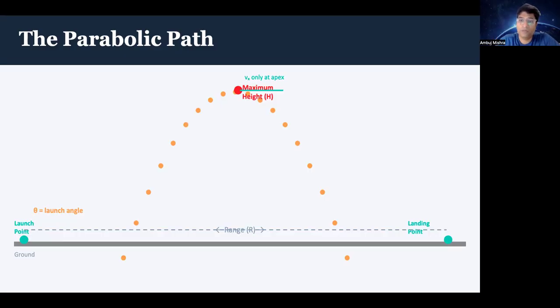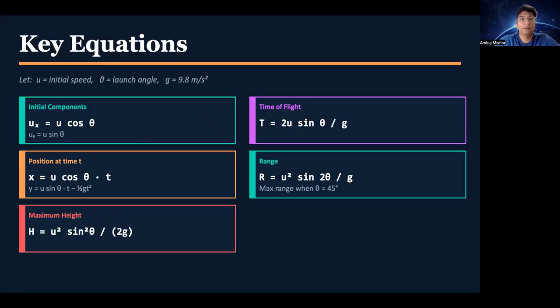Now let's look into some equations for the same. Let's say the initial speed is u and the angle at which we launch is theta. And g is always 9.8 meters per second squared, that we are already aware of, right? The initial components of the speed would be the vertical component and horizontal component, and we can treat them separately as discussed before.